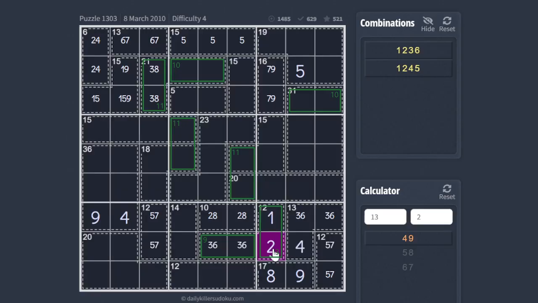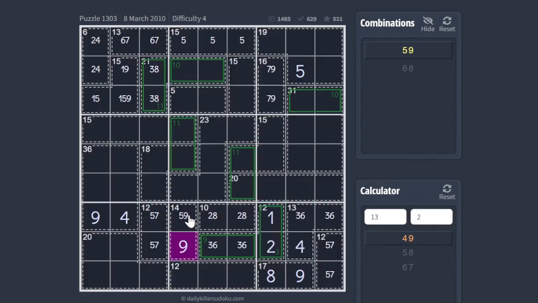All right. Now, this 14 cage is a 5-9 pair. And this 8 and this 6 eliminate this 6-8. So we've got a 5-9 here. And here we have our 5-7 pair, which eliminates this 5.